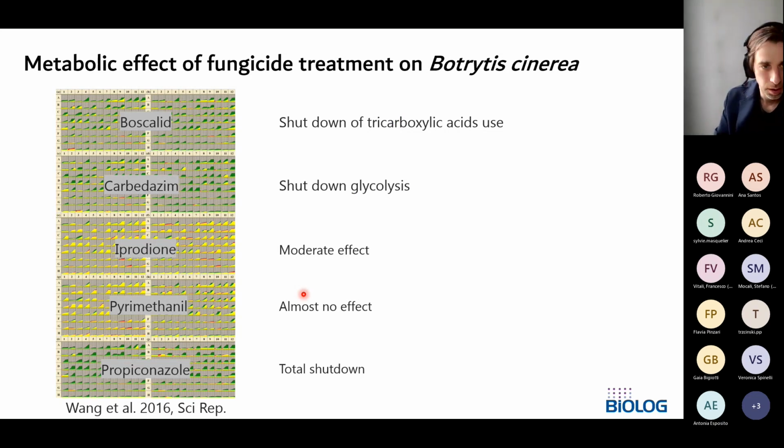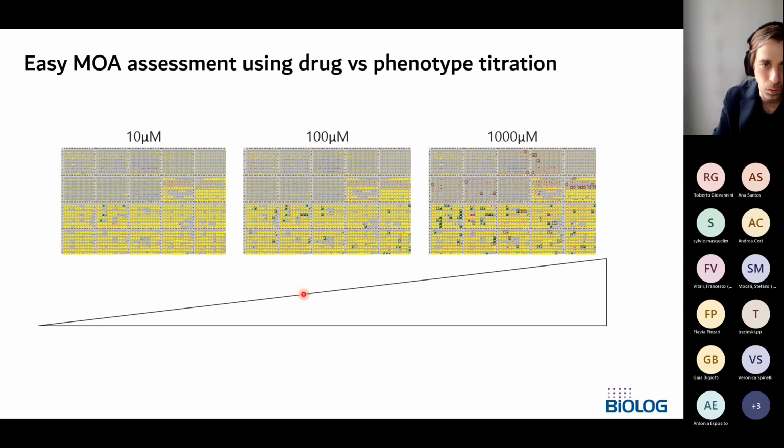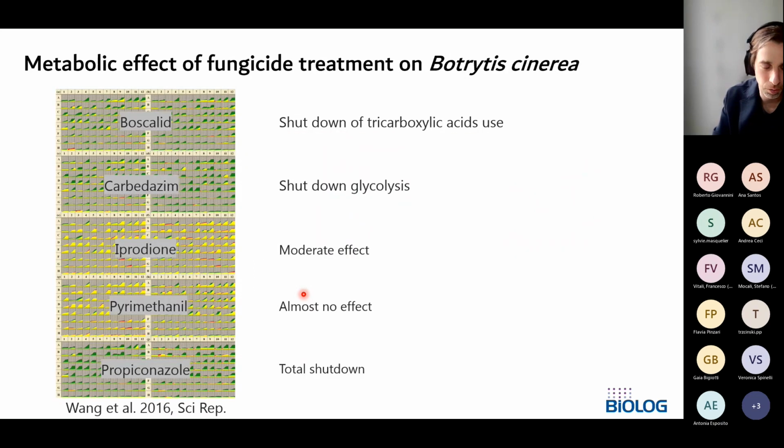So this is another very common use of the phenotype microarray, and as you can see, it can be a broad analysis or more focused on what is particularly of interest, and this can be done at different doses in basically no time. So very powerful and informative, as you can see.